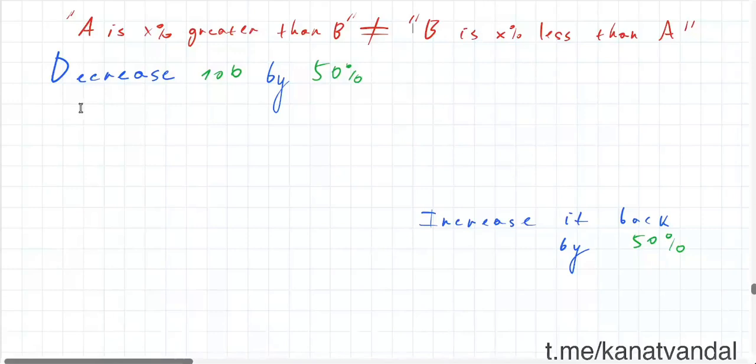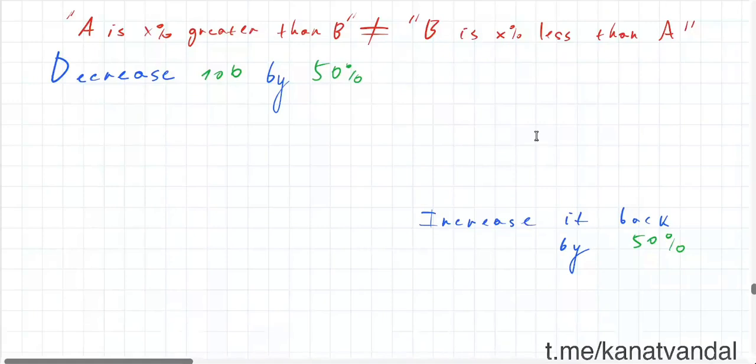So suppose you have to decrease 100 by 50%, and if you believe that these two phrases are equivalent, then when you increase it back by 50%, you expect to get the same result, right? I think it's logical.